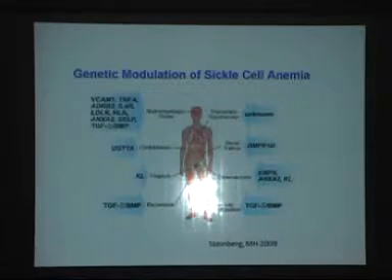And with the advent of genome-wide association studies, so many other enzymes and genes have been identified that may have some roles to play in the phenotype or phenotypic variation in sickle cell disease. Some of them have been reproduced, and I'm showing some of them here.